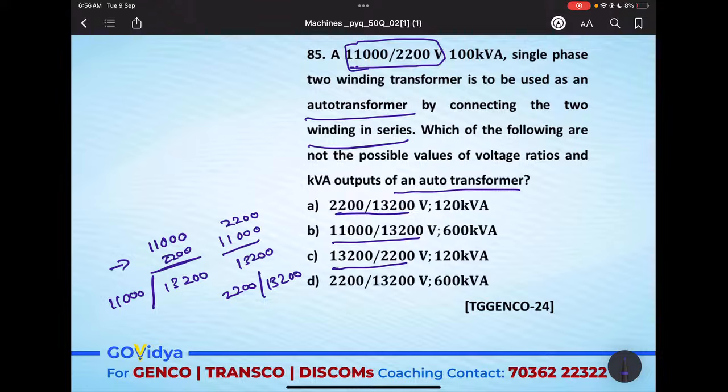So almost all the ratio options are possible, but we need to check the kVA. We have to see the auto transformer kVA rating. We know that auto transformer kVA equals transformation ratio K into... otherwise you can calculate from the circuit diagram very easily.